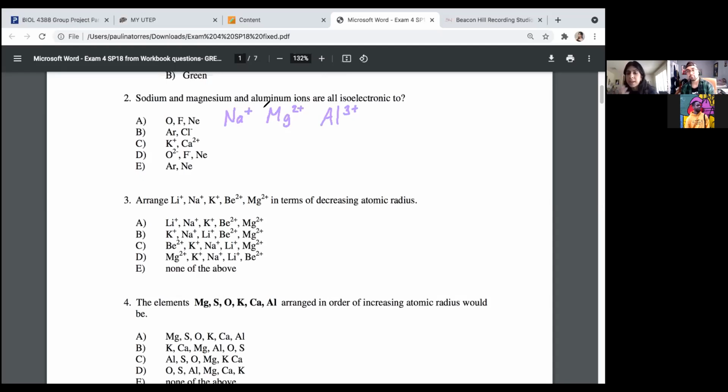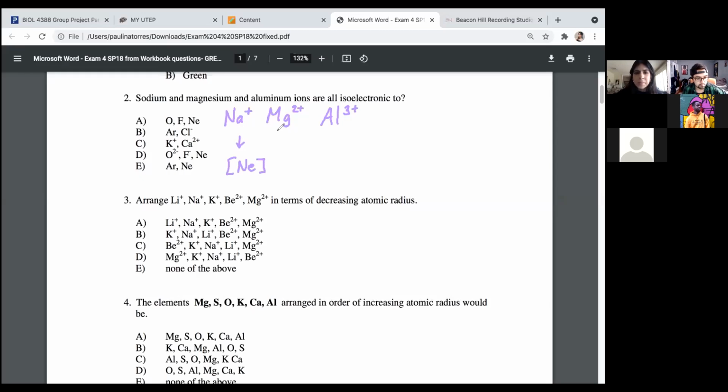So are they gaining electrons or losing? They're losing electrons. How many electrons does sodium normally have? 11. Perfect. So it loses 1, and now it has 10, just like neon, right? So we know sodium is going to look like neon.